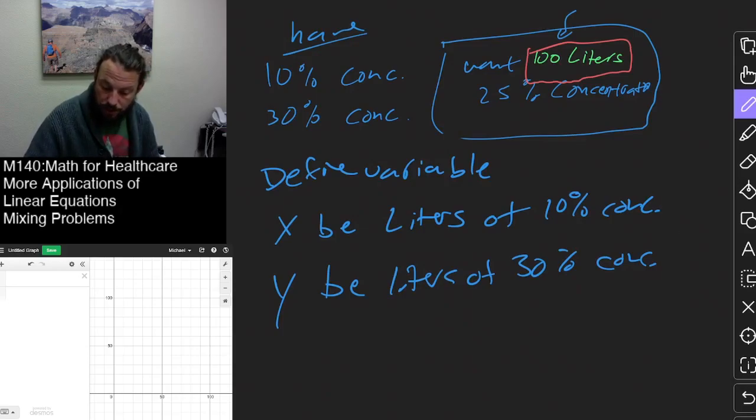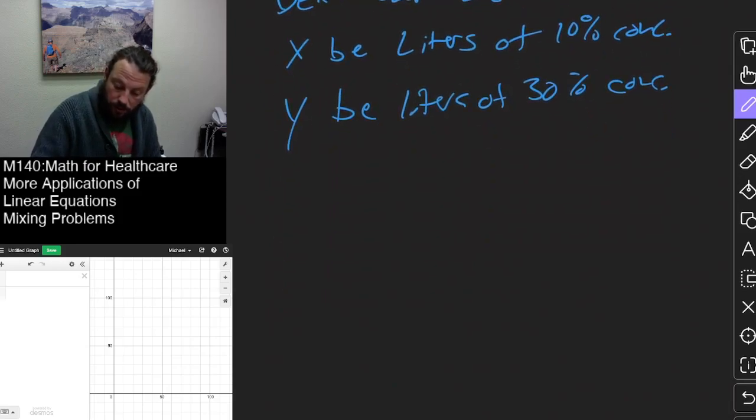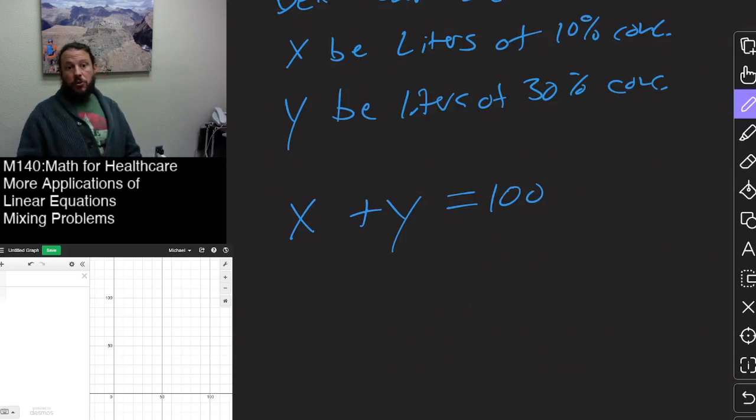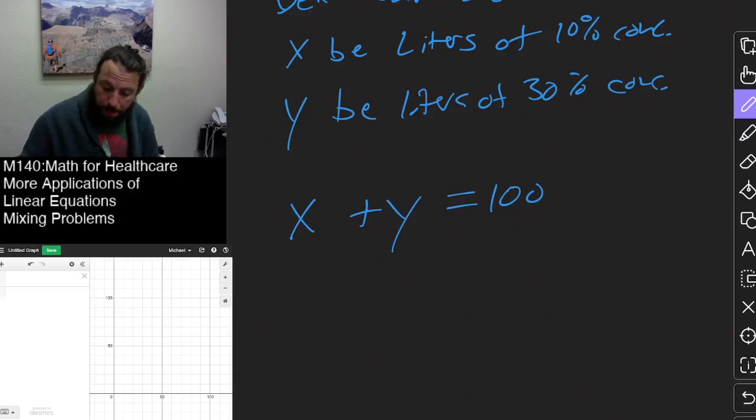That 100 liters tells me that the liters of the 10% concentration plus the liters of the 30% concentration equal 100. This is a nice relationship between X and Y. However, it doesn't tell us how much we need of each yet. We just know that whatever X is, Y is 100 minus X liters, right?